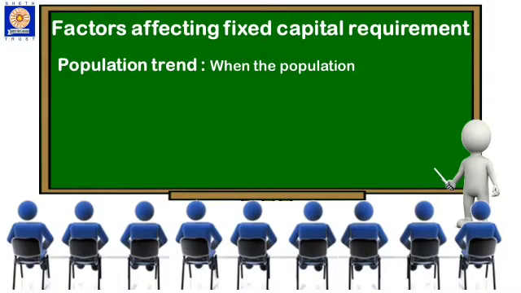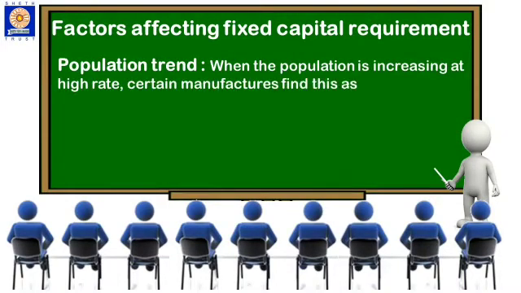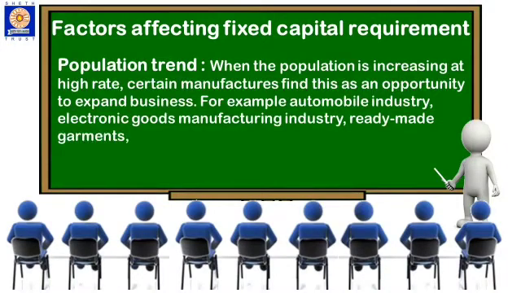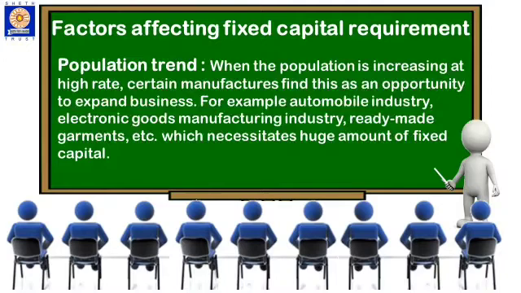Our next point is population trend. Students, in making decisions for the requirement of fixed capital, we should also consider the population factor, as the rise in population will also lead to a rise in demand for many types of consumable goods.